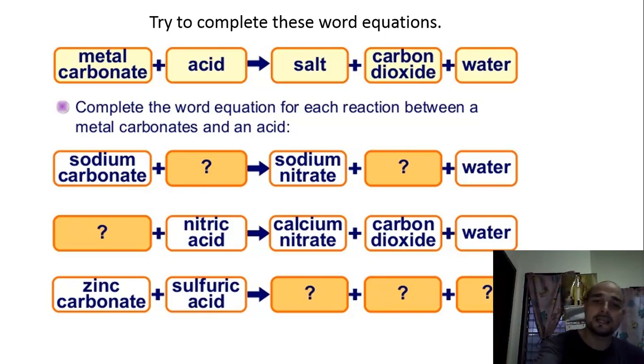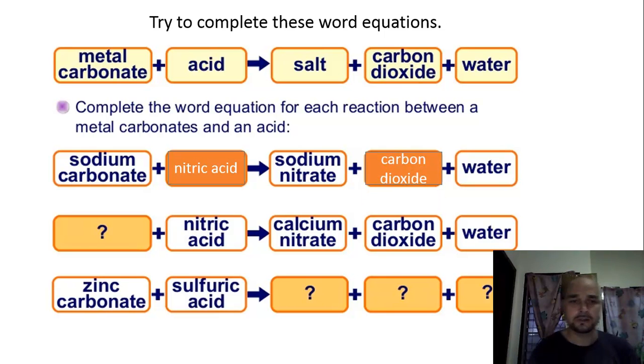And we can look at the ending of the metal salt on the product side, which is nitrate. And so this will tell me that it's one of the 3 acids. So it's nitric acid because it makes a metal salt that ends with nitrate. And our 3 products are metal salt and carbon dioxide and water.